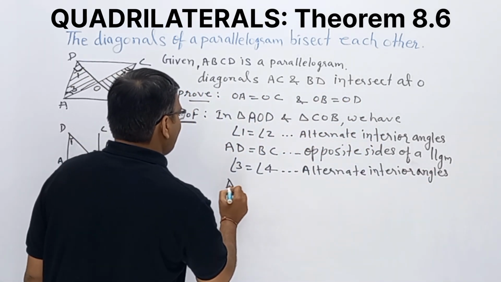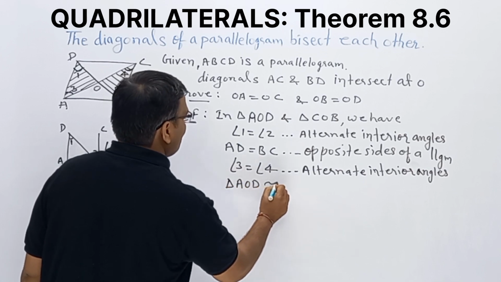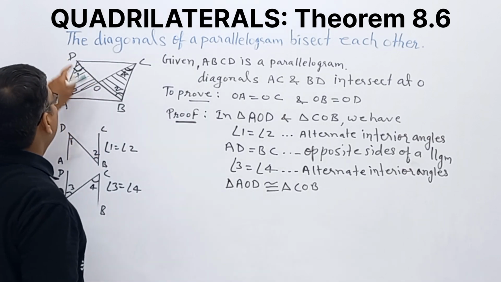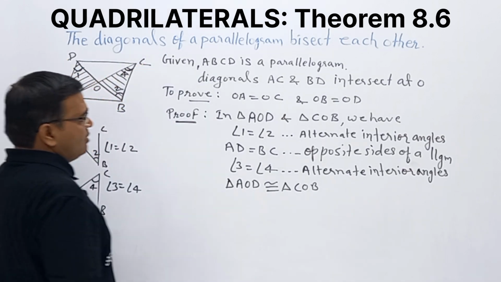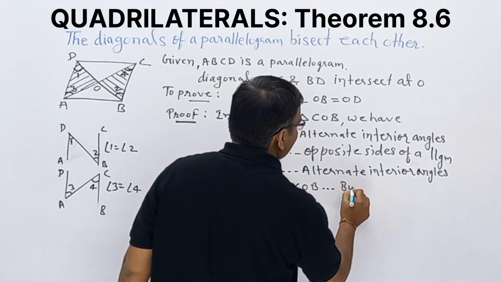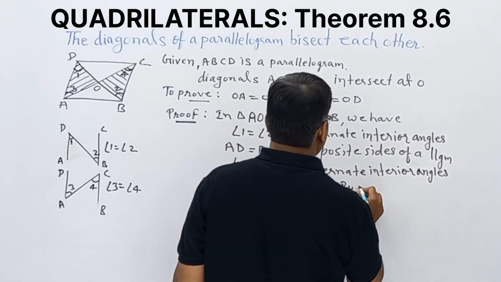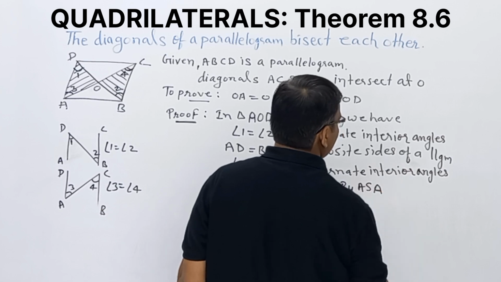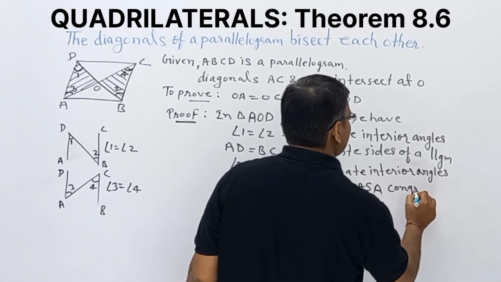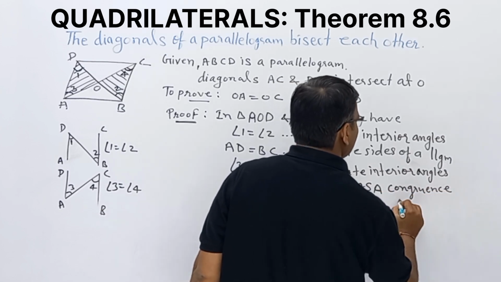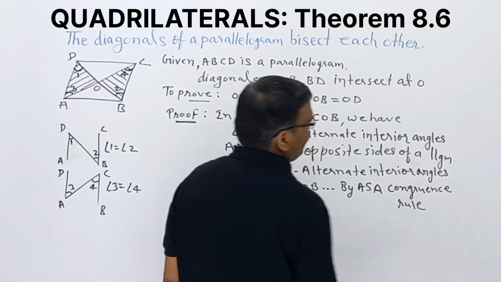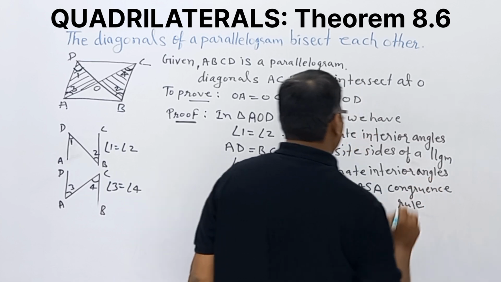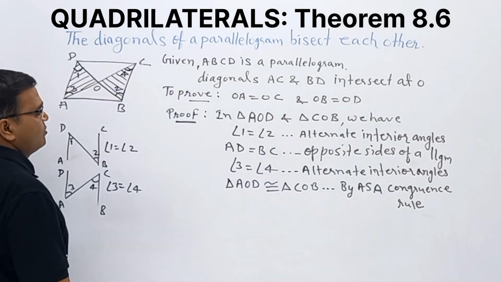So we can say triangle AOD is congruent to triangle COB. Why? By the angle side angle congruence rule, we proved that these two triangles are congruent.